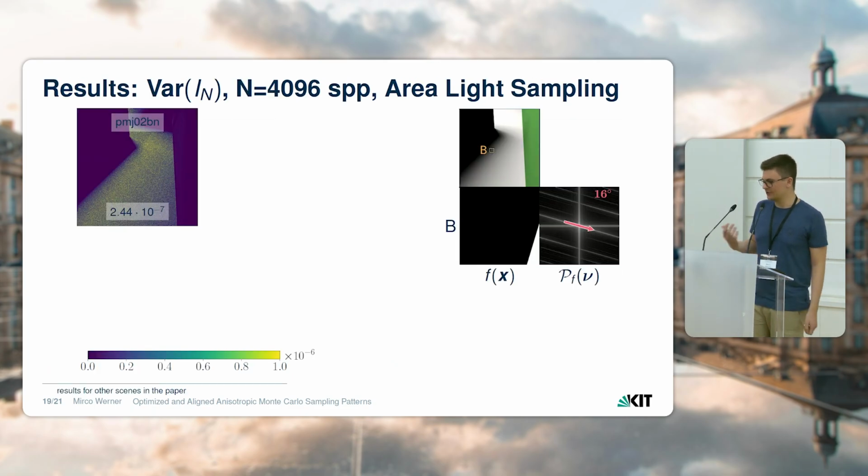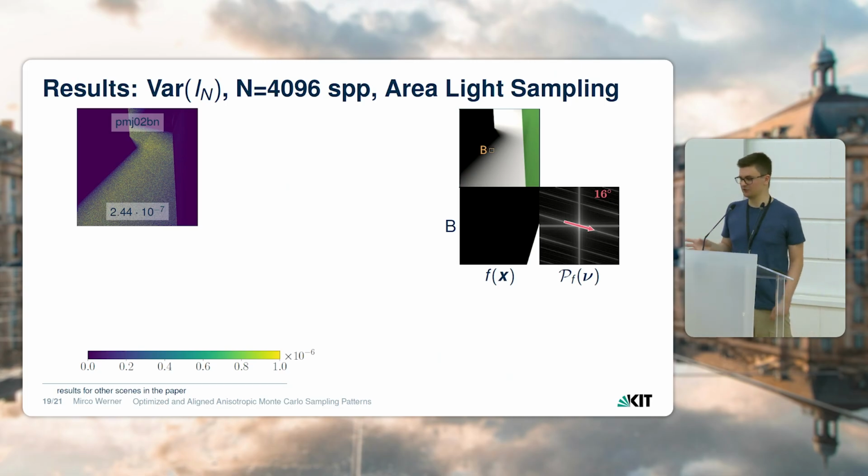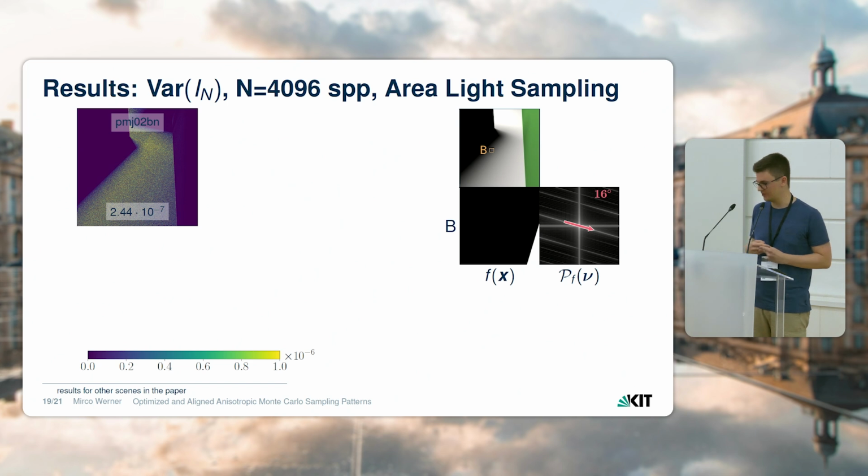Okay, so let's take a look at some renderings here, so that I can convince you that this is in fact working. So here I'm showing you on the left side a close-up of this Cornell box scene with area light sampling for direct illumination, and I'm plotting here the variance after 4,000 samples per pixel.